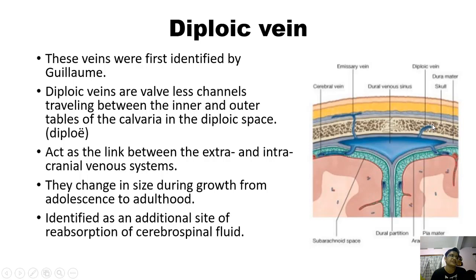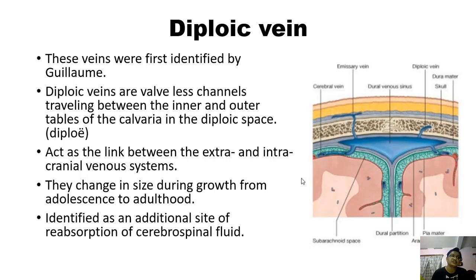It's kind of a mesh, like a Spider-Man web inside the cranial vault. And I think something like in medullary bone, there is some blood circulation going on through this diploic vein. It acts as a link between the extra and intracranial venous system.